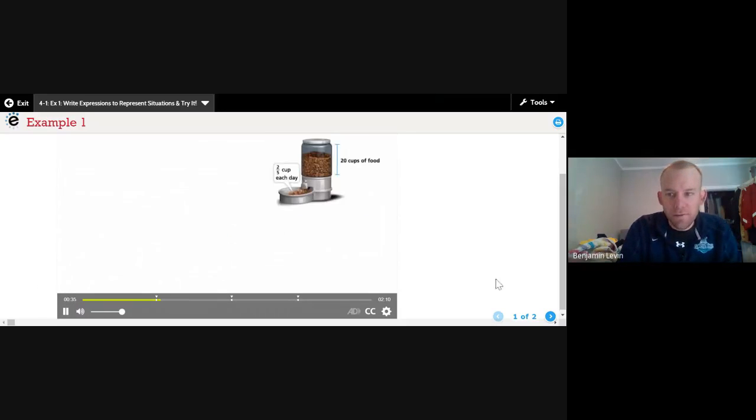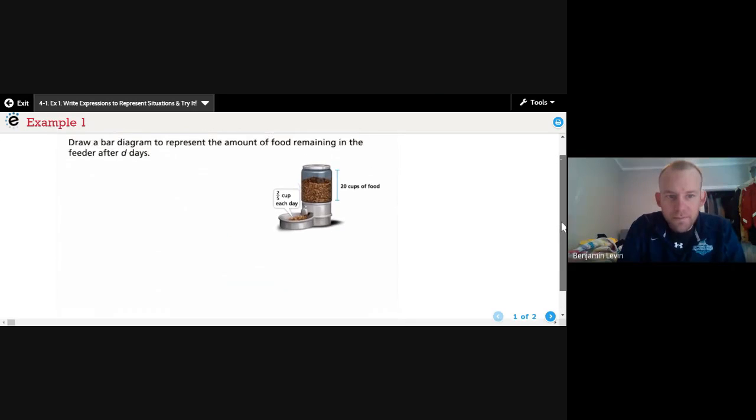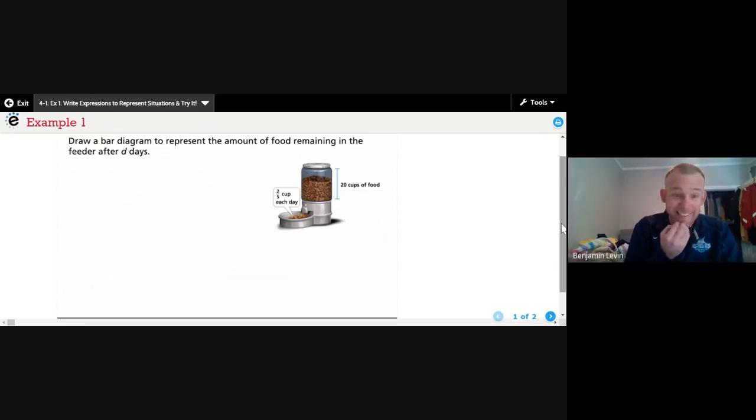You can draw a bar diagram to represent the amount of food remaining in the feeder after D days. This measurement line represents the full amount of dog food the feeder can hold. One segment of the bar represents the food dispensed each day, and the same amount of food is eaten each of the D days.